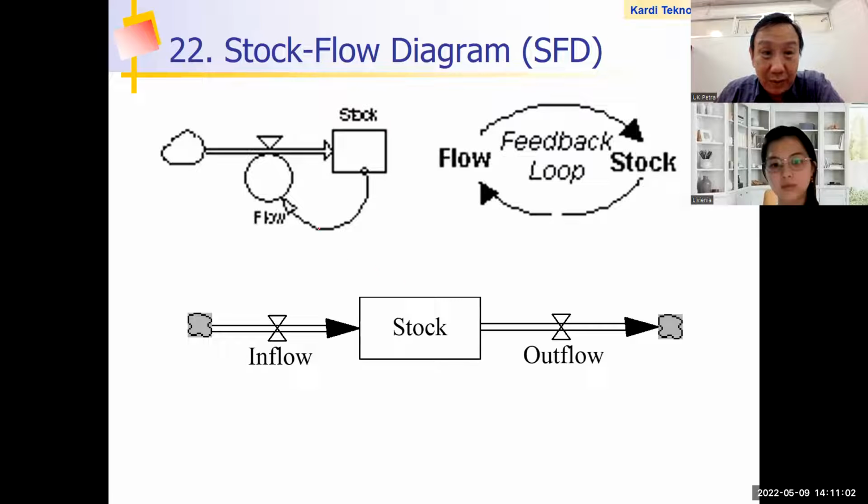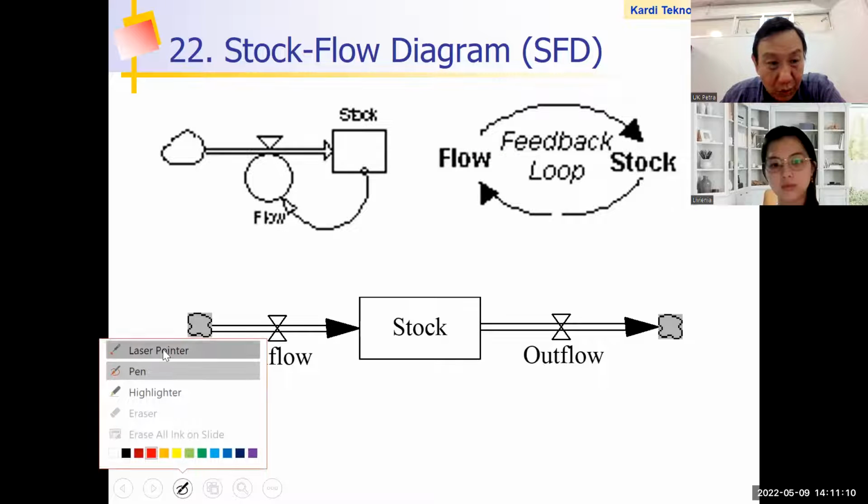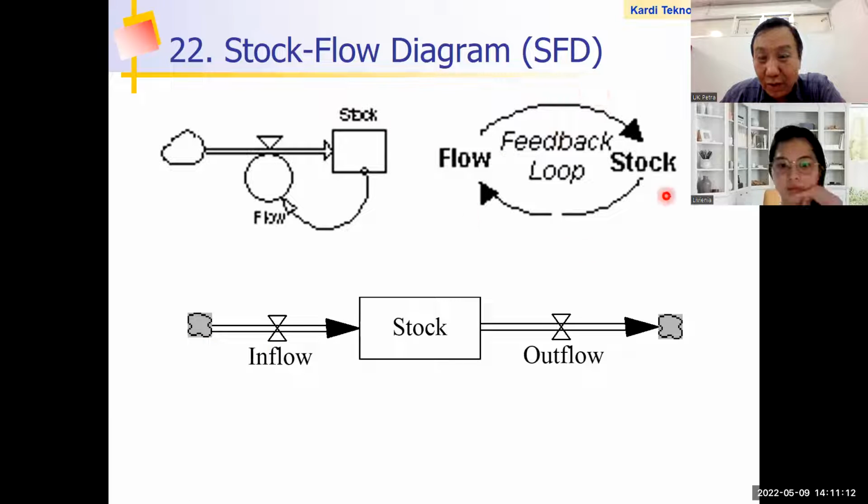Okay, so when we say stock flow diagram, I already introduced this. You see this one on the right side is actually what you already know, the CLD. And then you need to change that into stock and flow: inflow, outflow, and stock.